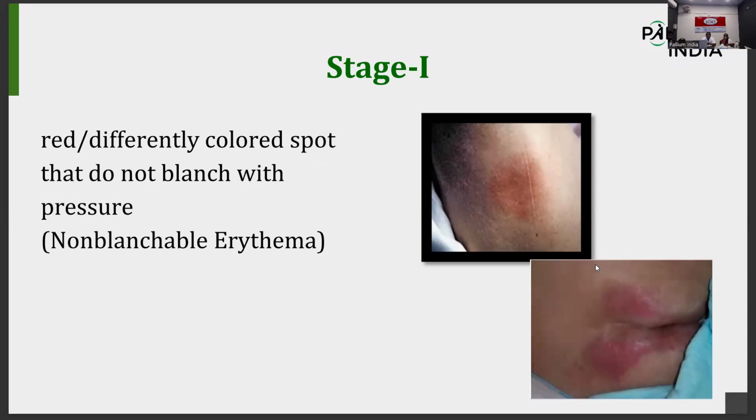It is a red or differently colored spot that does not blanch with pressure. That is called non-blanchable erythema. In the picture, stage 1 will look like this, with redness. That red color is called non-blanching erythema.